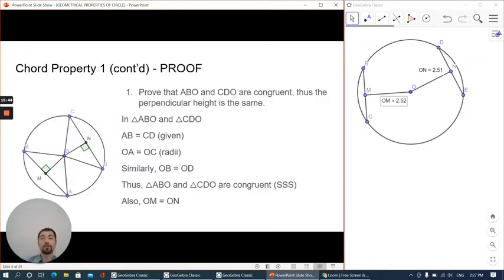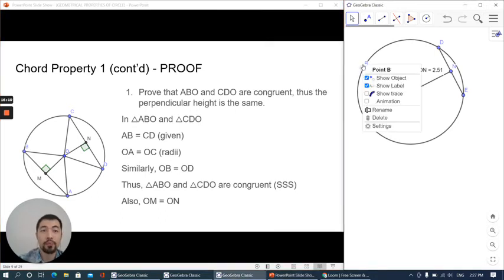So please look at the circle here. We can prove that the triangle ABO and the triangle CDO are congruent, and thus the perpendicular height is the same.